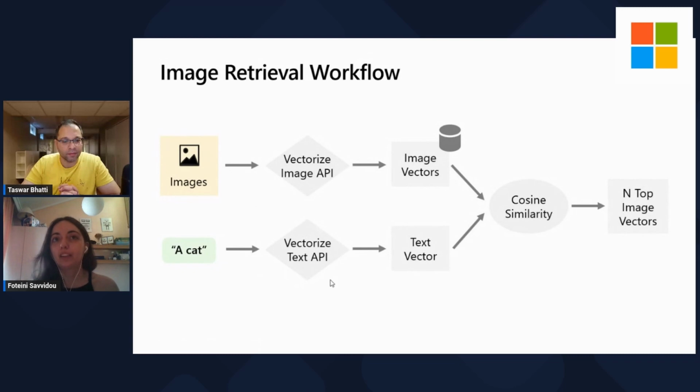Several databases were announced recently, during Microsoft Build. And in our session today, we are going to use the Azure Cosmos DB for PostgreSQL database, which enables vector similarity search through the pgvector extension. And this extension is also available in the Azure PostgreSQL database.